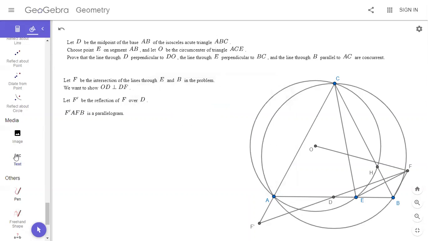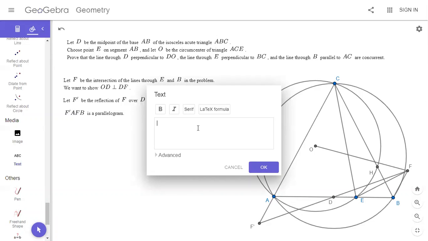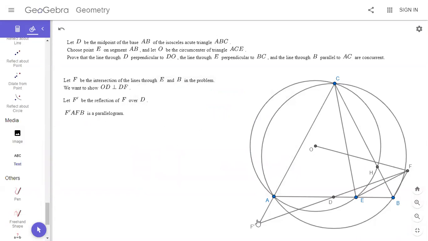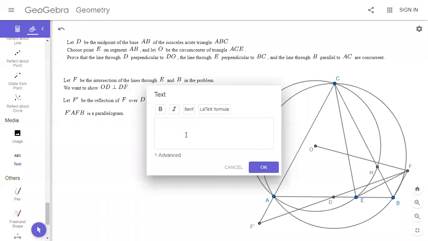And so F prime AB, well, so yeah. I mean, once we know this, then yeah, we know F prime, A, and C are collinear.